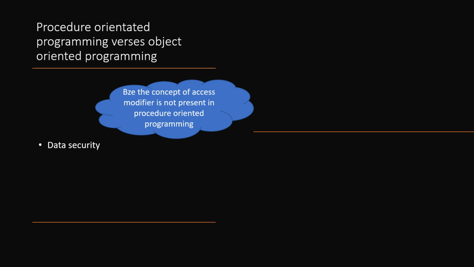When I make it protected, another program can access it when it has a parent-child relationship. So using this access modifier concept in Java and Python, which are object oriented, we can achieve data security. Whereas in C programming, which is procedure oriented, everything is public and can be accessed, so there is no data security.